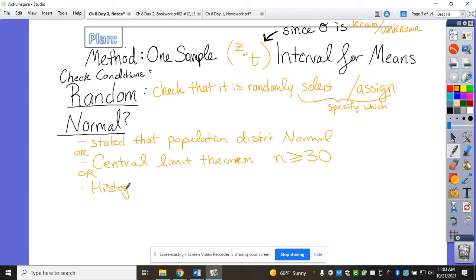Is that a histogram of values ends up being fairly symmetric with no extreme outliers.